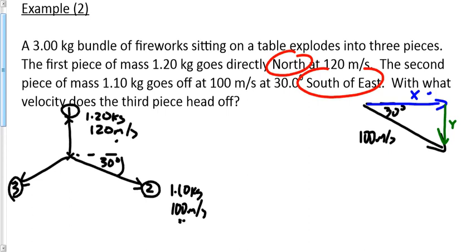This is adjacent. This is hypotenuse. It's going to be, yes, so let's say cosine 30 degrees is equal to adjacent over hypotenuse. 100 cosine 30, I think, is 86.6, I want to say 602? 86.602? Is that right?